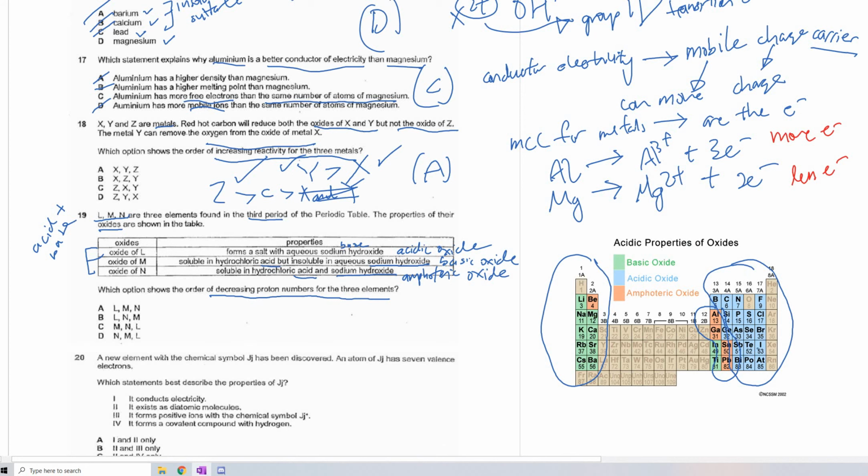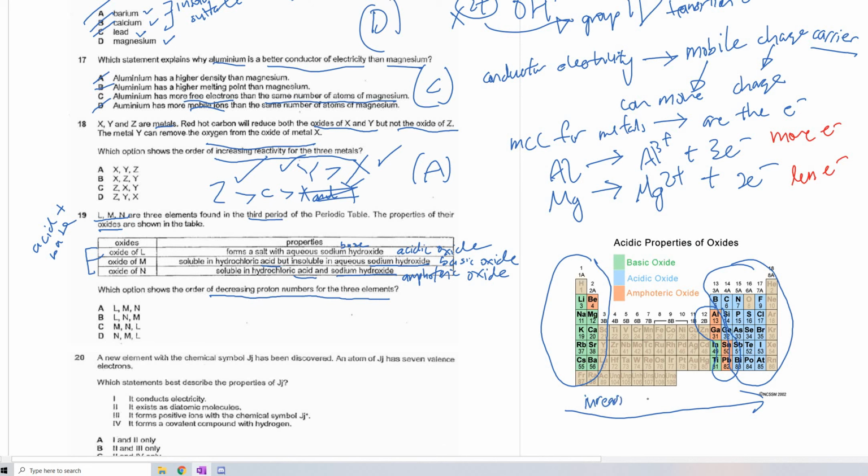So acidic oxides would have the largest proton number because proton number increases across the period.